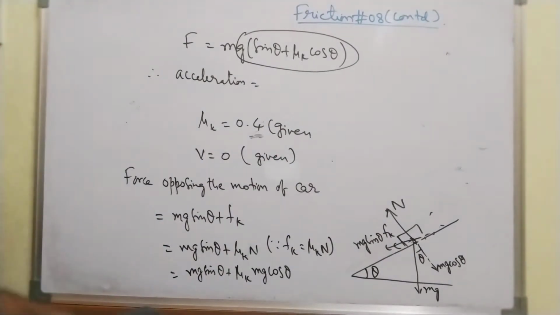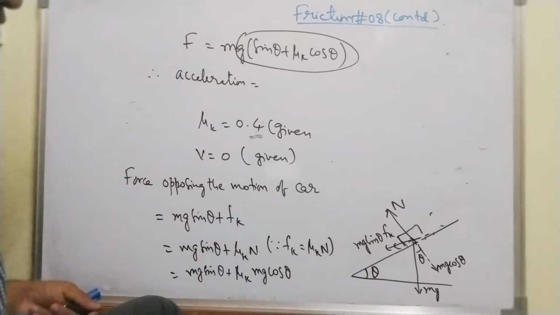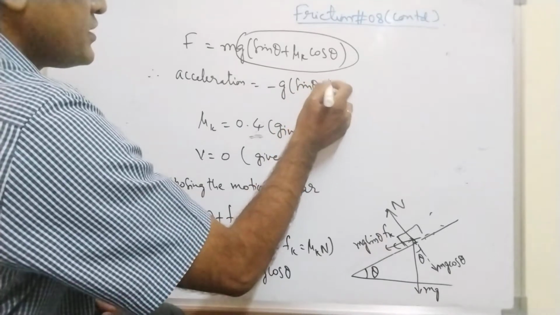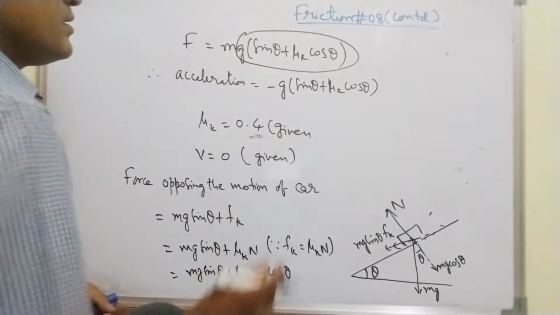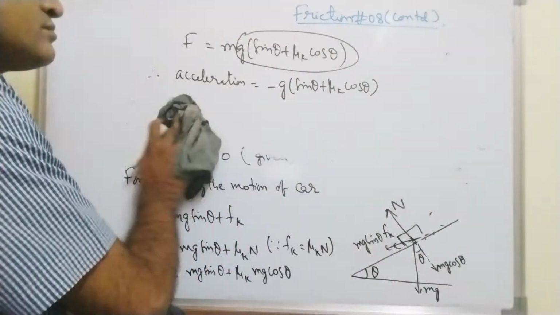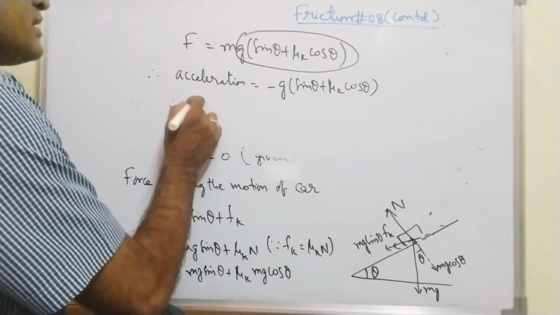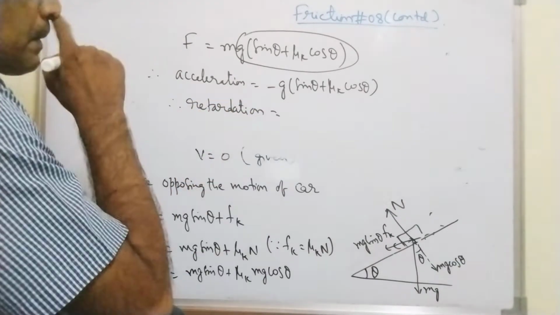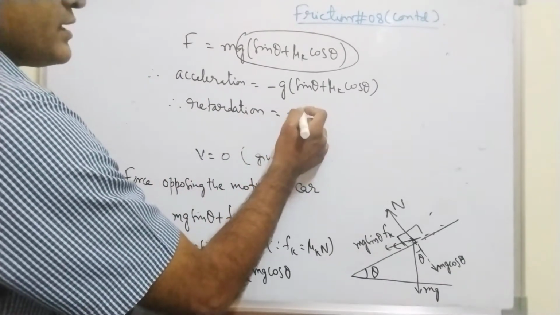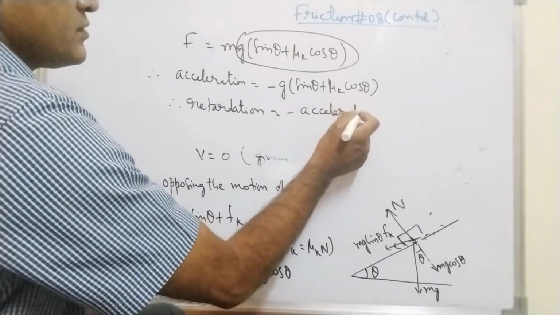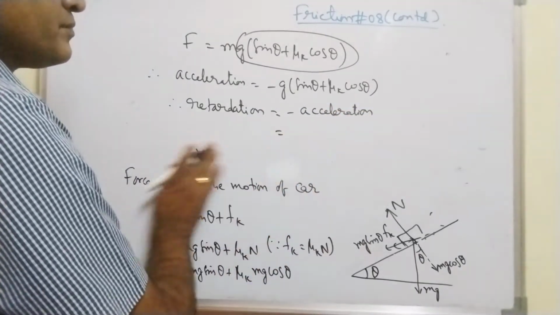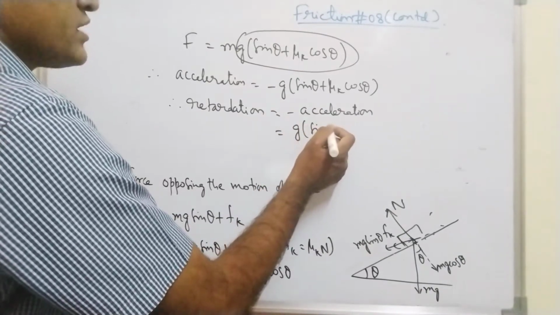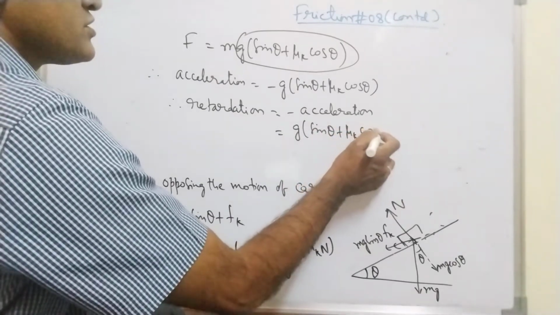Already I have given this formula, if you remember: minus g into sin theta plus mu k cos theta. But I can write down the retardation value. Retardation is nothing but negative acceleration, which is equal to g into sin theta plus mu k cos theta.